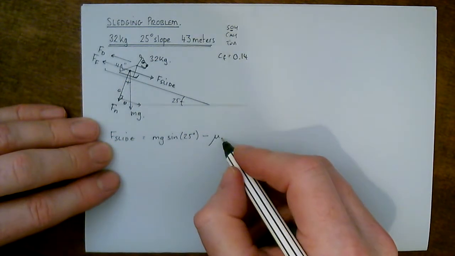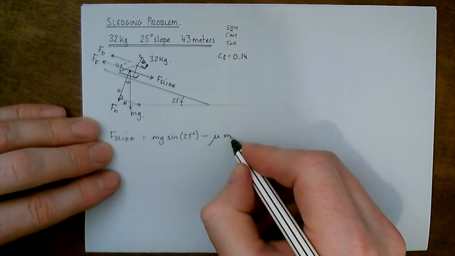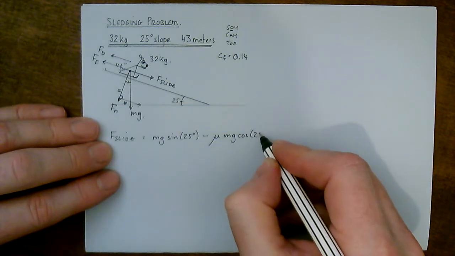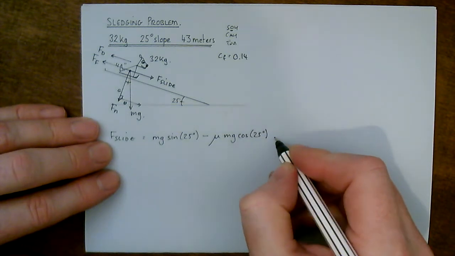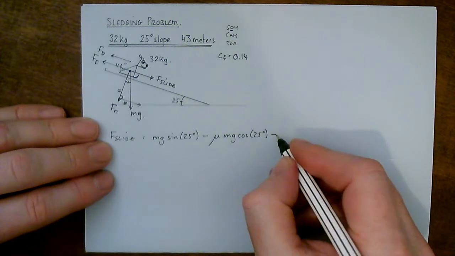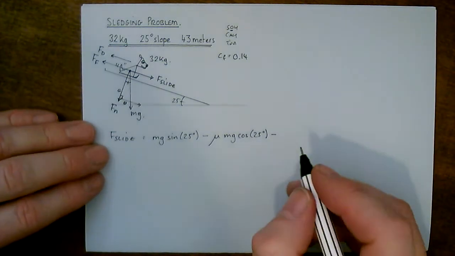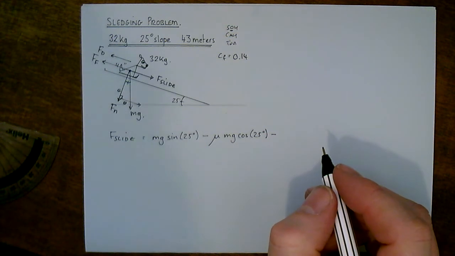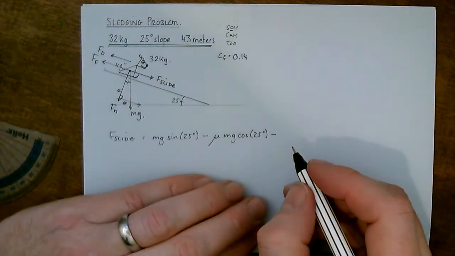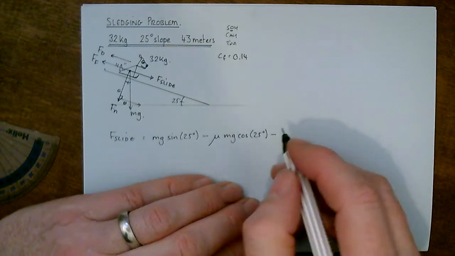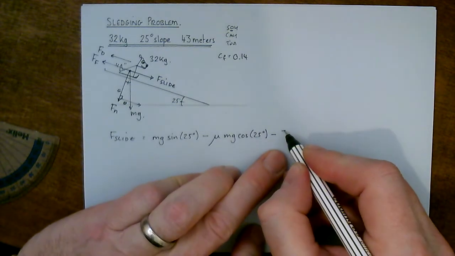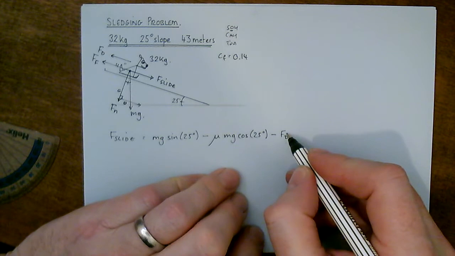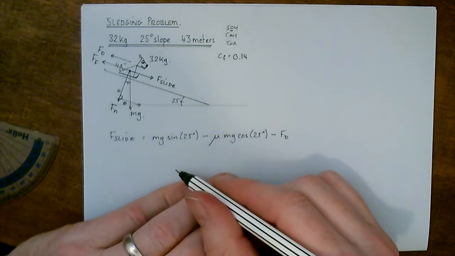So it's mu mg cosine 25 degrees. And on top of that we need to take away the force due to friction of air, or the drag force, which I'm going to put FD here because that is quite a complicated formula, and I'm going to have a look at that a little bit later on.